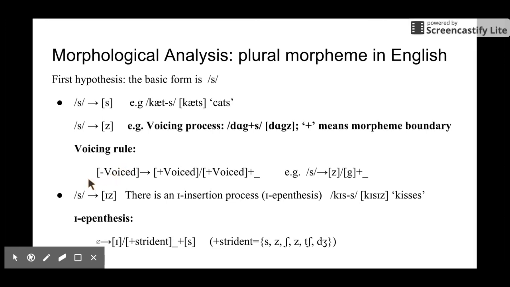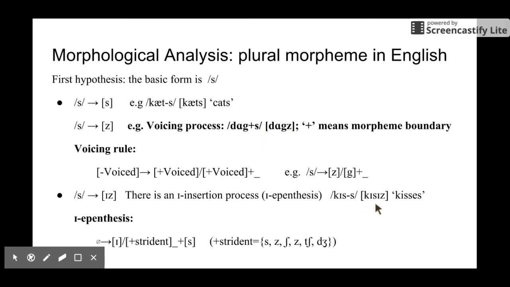A voicing rule can be like this: a voiceless sound, minus voiced, becomes plus voiced, in the environment when it is following a voiced sound, right? For example, s becomes z when it follows a g sound, as in dogs, right? So we can account for this alternation.